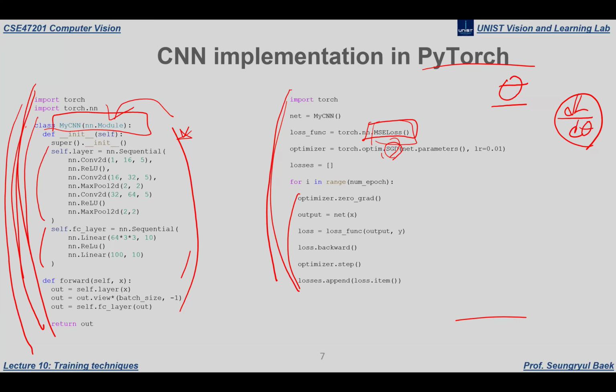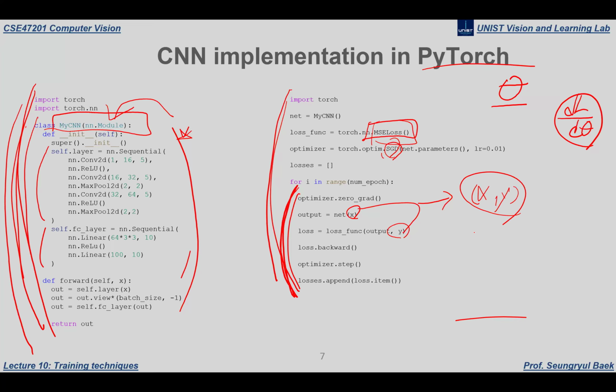Other than SGD, we can try Adam or RMSprop or others, okay? And because this code is already fixed for the training, the remaining thing is how to load these X, Y pairs. We can care about that, okay? Do you guys agree with this?